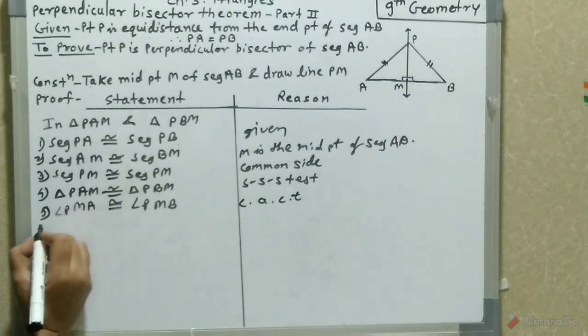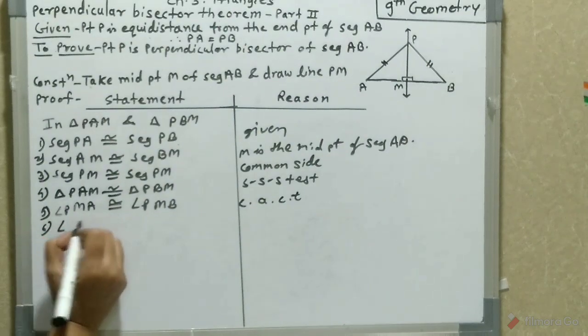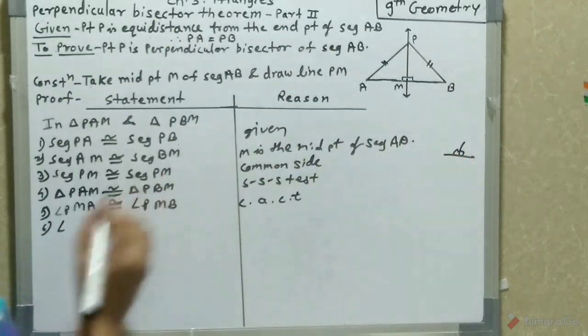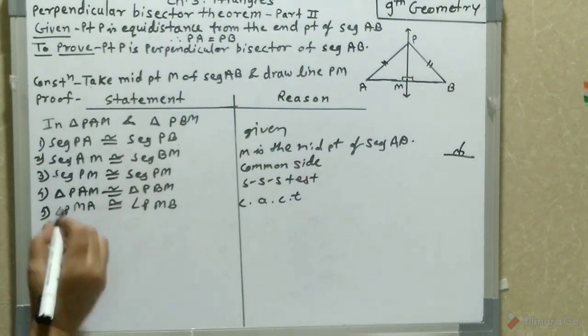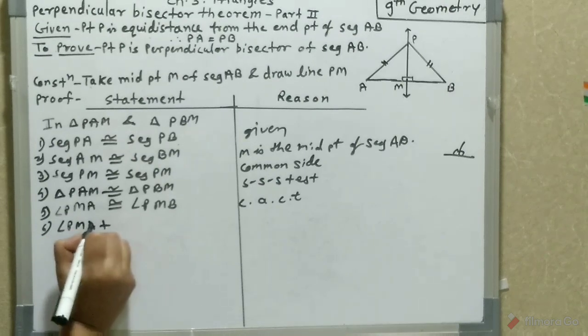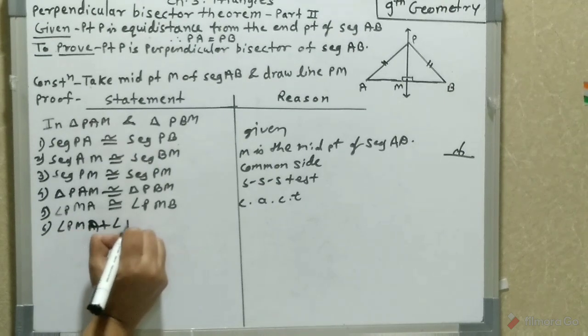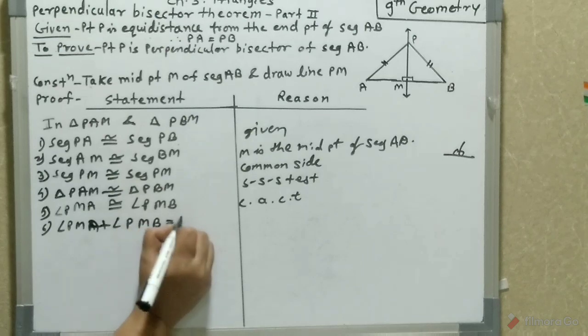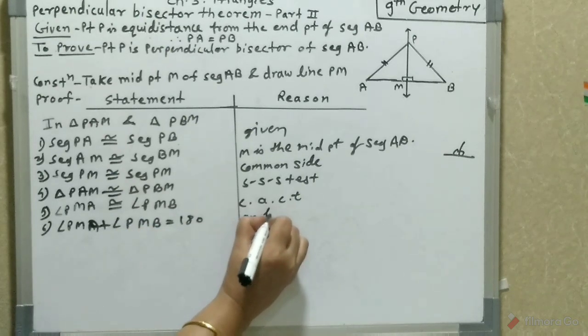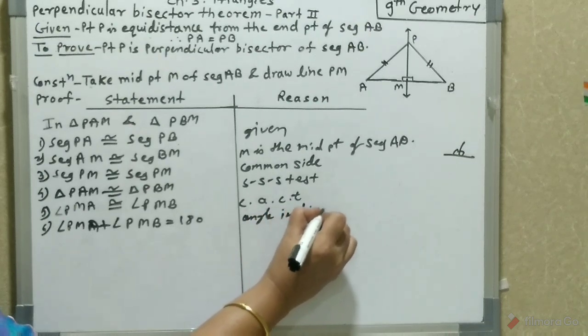This is 90-90. Now these two angles are a linear pair. So the sum of linear pair angles is 180. So angle PMA plus angle PMB is equal to 180. Here write angles in linear pair.